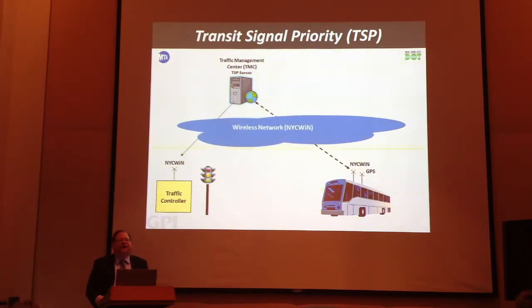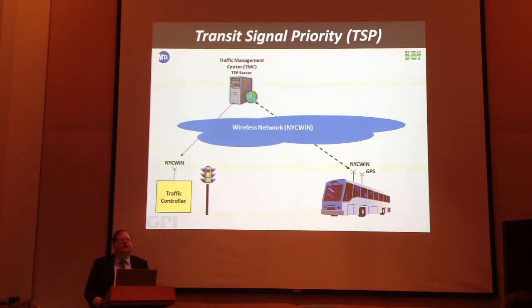The drivers do nothing. They do this through a very extensive wireless system that is capable of communicating with all 12, well, not yet, soon to be able to communicate with all 12,500 signals.